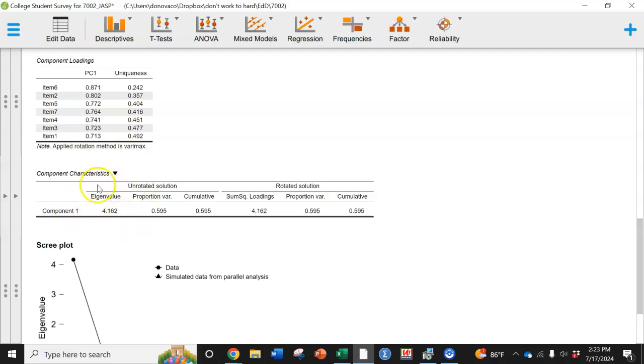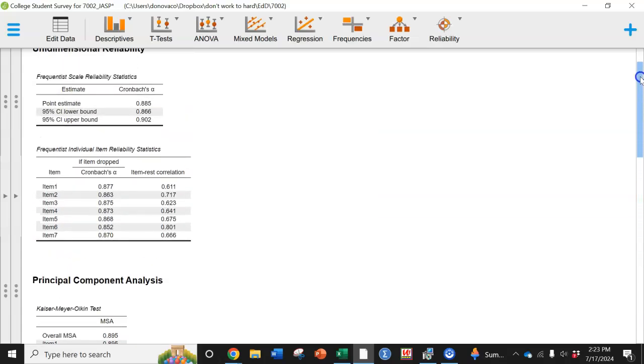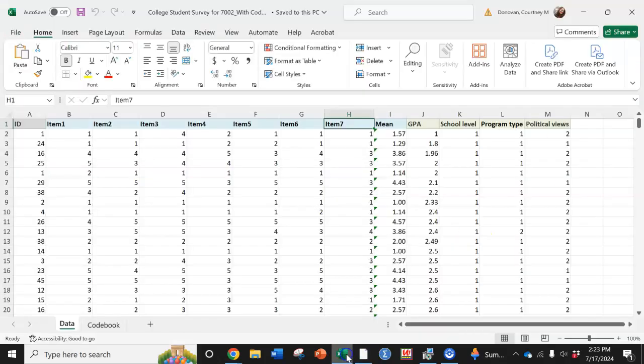In our example, we have a single factor, which is good. We also see up here that all of these are above a 0.4, meaning every item contributes really well, actually, to the concept of university self-image. So based on this information, I'm very comfortable creating a mean score.